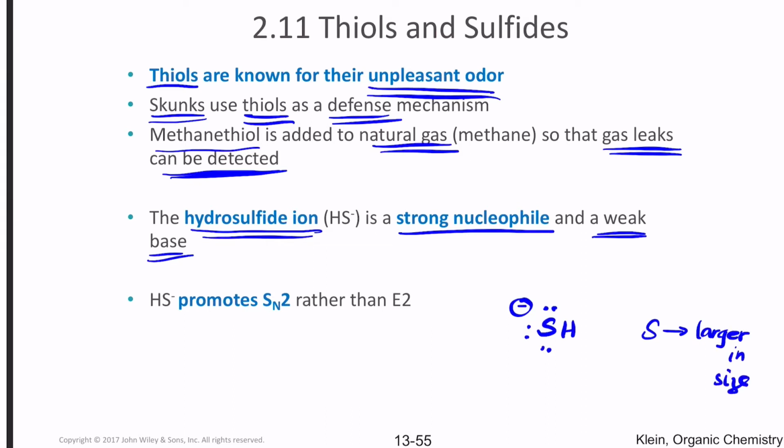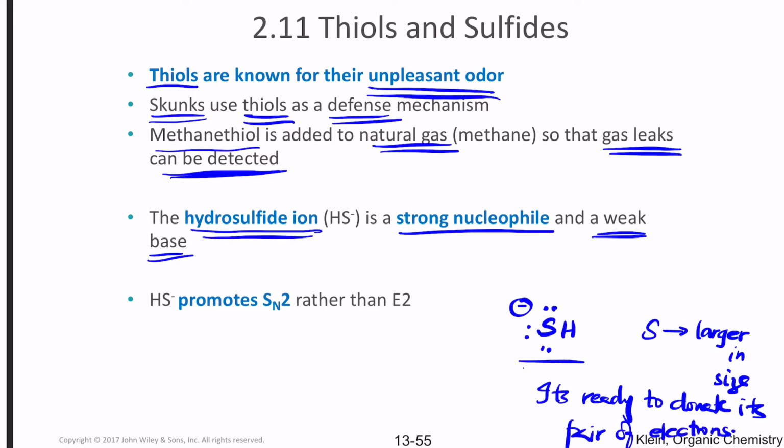Because it's larger in size, it's a better nucleophile because it's ready to donate its pair of electrons. This is one of the reasons why SH is a good nucleophile and a strong nucleophile, but a weak base.